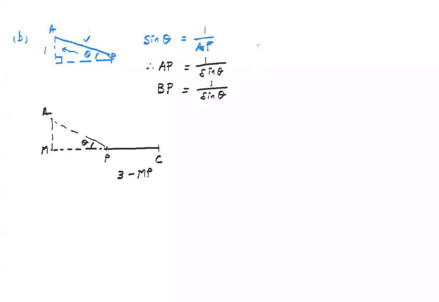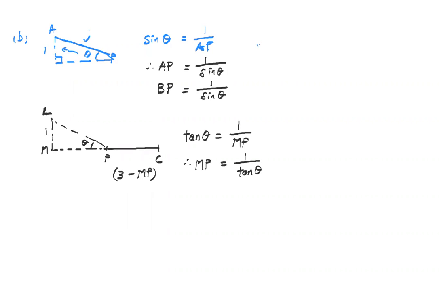Opposite is 1, adjacent is the one that you want to find. So you use tangent. Tangent theta is equal to 1 divided by MP. Therefore, MP is equal to 1 divided by tangent theta.